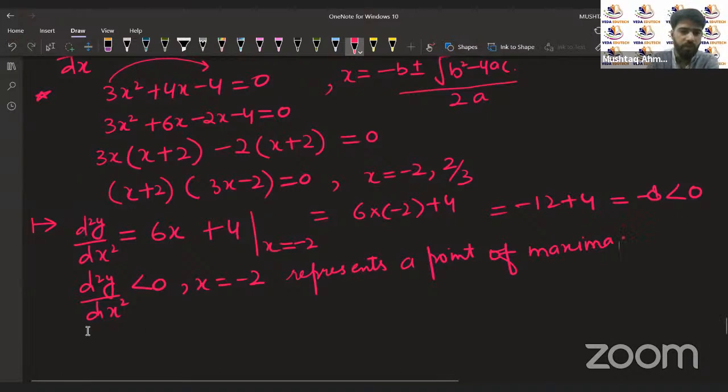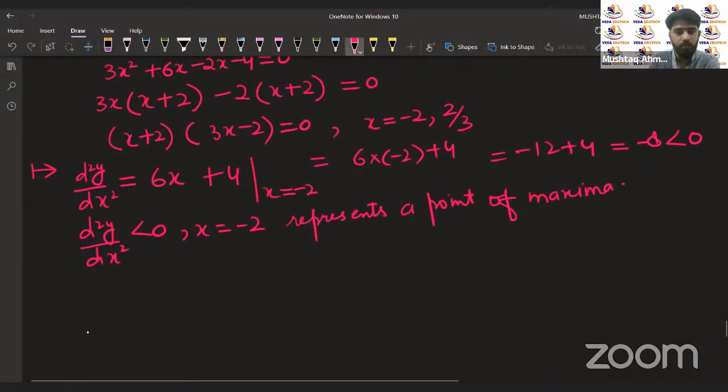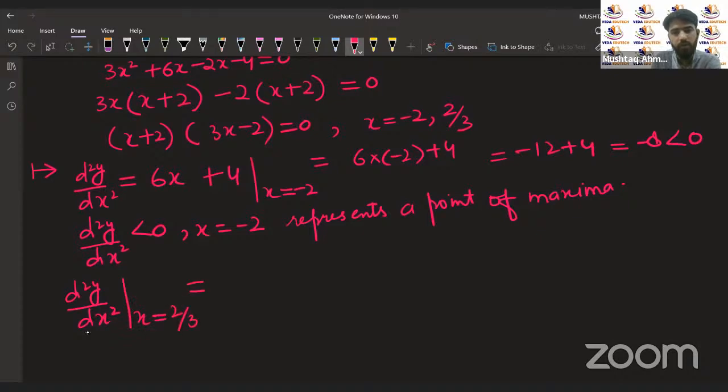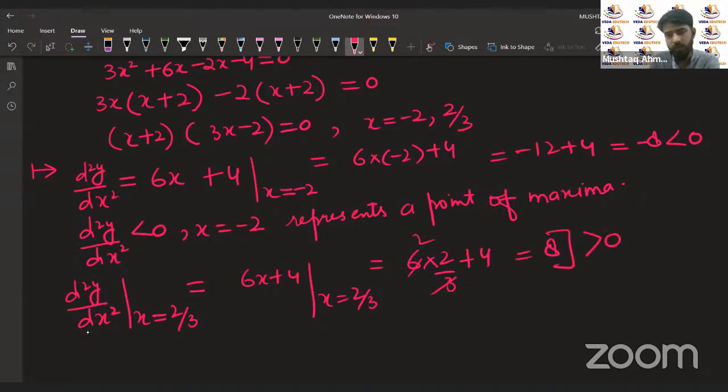And similarly, if we check for x equal to 2 by 3, d square y upon dx square at x equal to 2 upon 3 will be nothing but 6x plus 4 at x equal to 2 by 3. So it will be 6 into 2 upon 3 plus 4, which is 8, which is greater than 0, right?